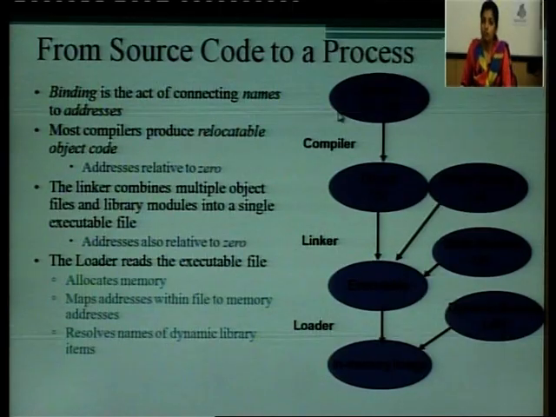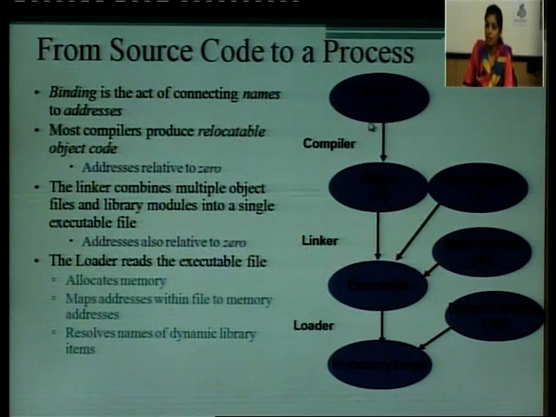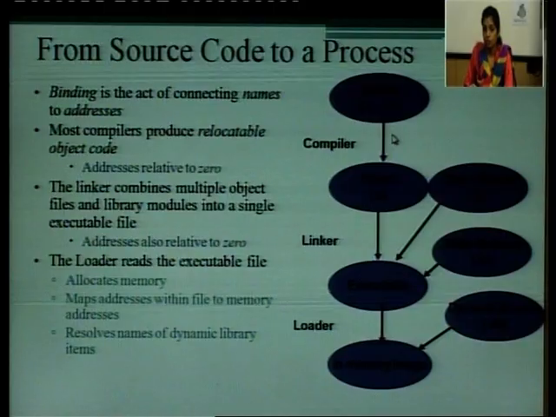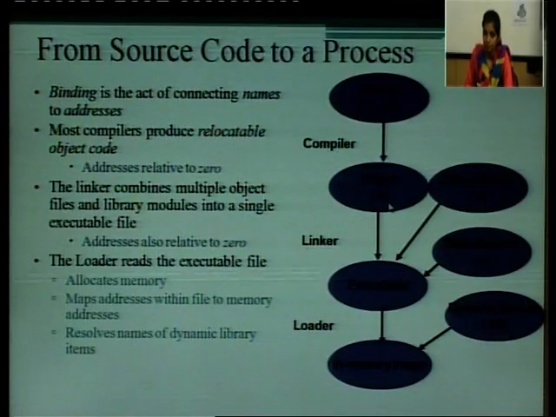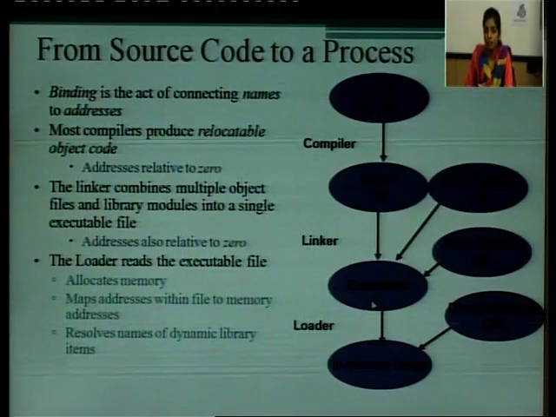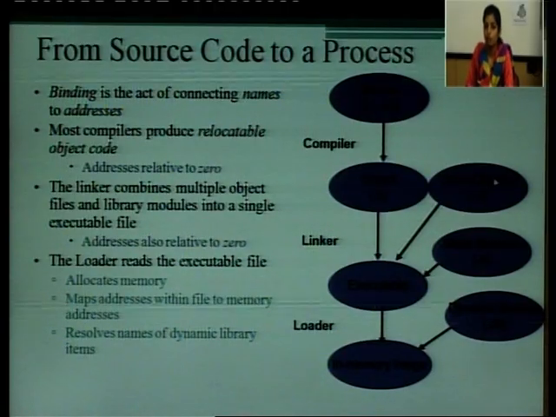Firstly we write the source program in C or C++ language, and with the help of the compiler we convert that source file into an object file. That object file is converted into an .exe file with the help of other object files and static library files.